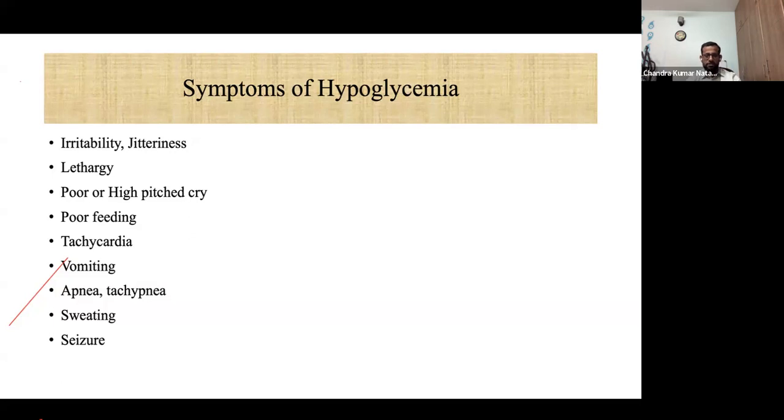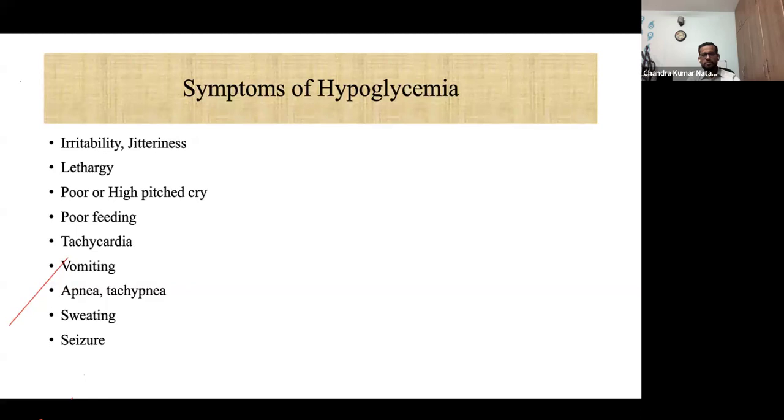The other symptoms are due to the compensatory mechanisms. When there is hypoglycemia, the body tries to produce hormones like catecholamines, which in turn increase gluconeogenesis and glycogenolysis to bring the sugar levels back to normal.